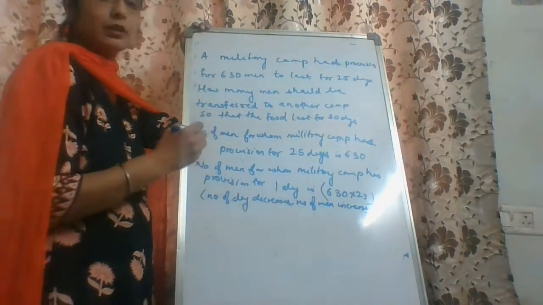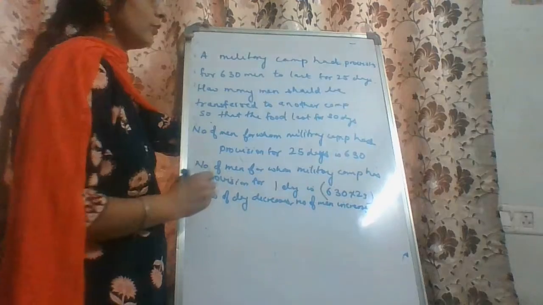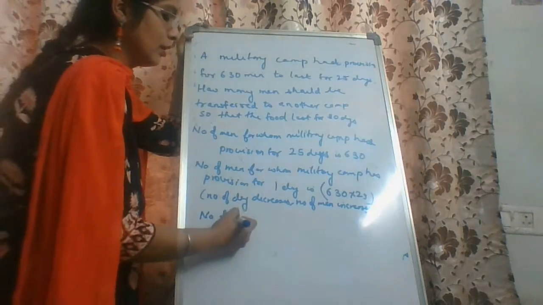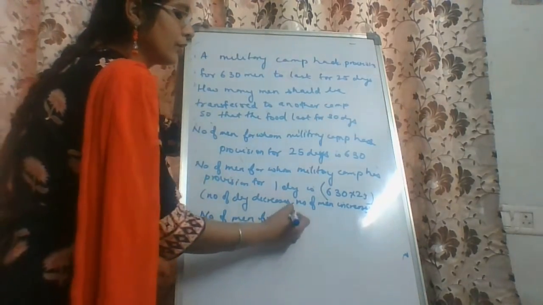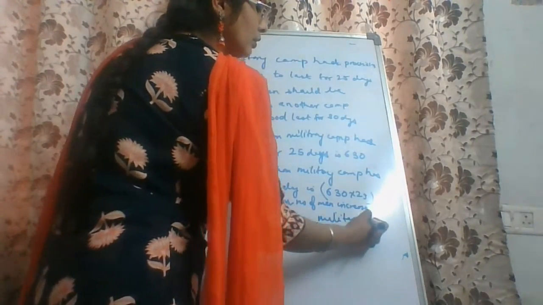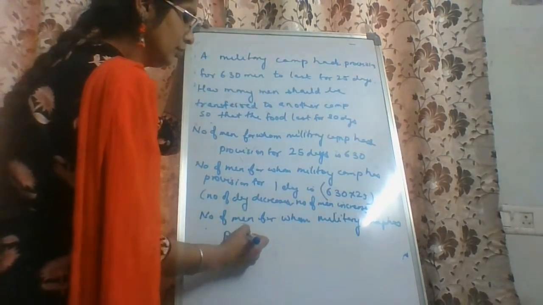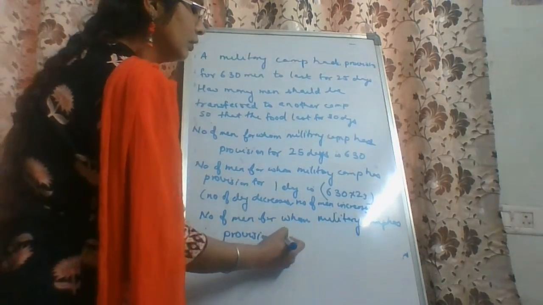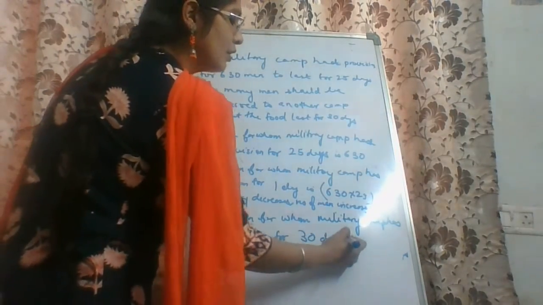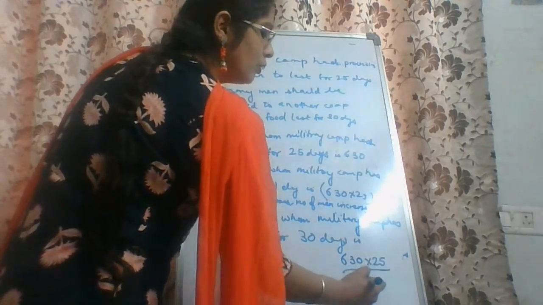Now, how many men should be transferred to another camp so that the food lasts for 30 days? The number of men for whom the military camp has provision for 30 days is 630 multiplied by 25 upon 30.